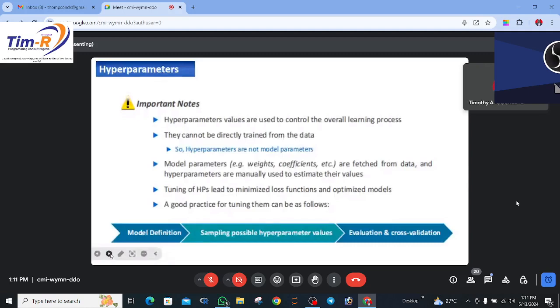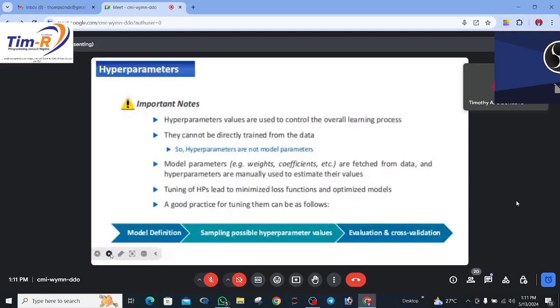That's the main essence of hyperparameters, to tune them. When we have an optimized model, it is a result of tuned hyperparameters. That means the batch size, number of epochs, and so on, and the number of hidden layers. All those things affect the optimization of a model.